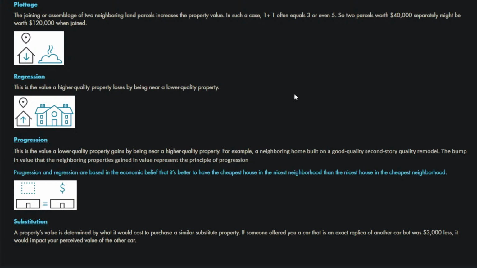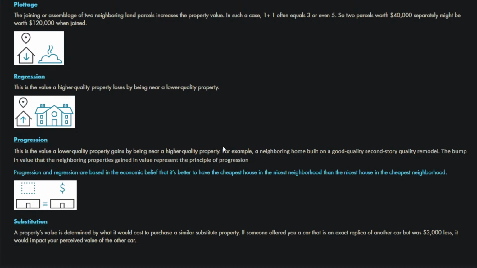For example, a neighborhood home built on a good quality second story quality remodel, the bump in the value of the neighborhood properties gained in value represents the principle of progression. I want to read that for myself again. This is the value a lower quality property gains by being near a high quality property.